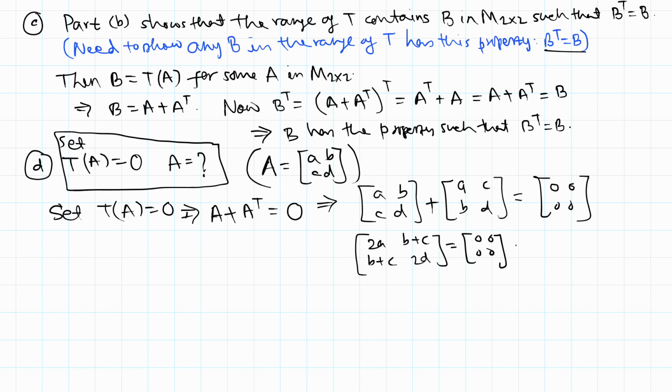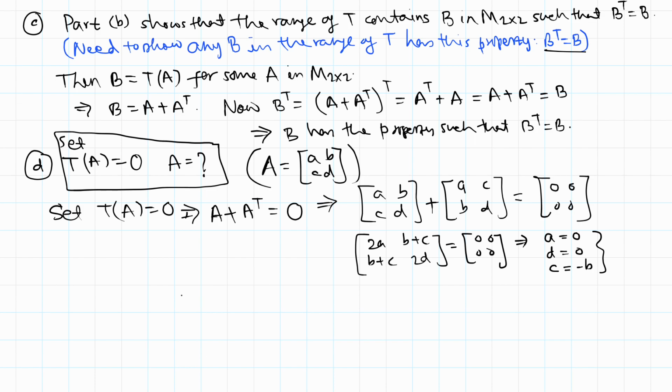If we solve this, 2A equals 0, 2D equals 0, B plus C equals 0. That gives A equals 0, D equals 0, and B plus C equals 0 means C equals negative B, or B equals negative C.